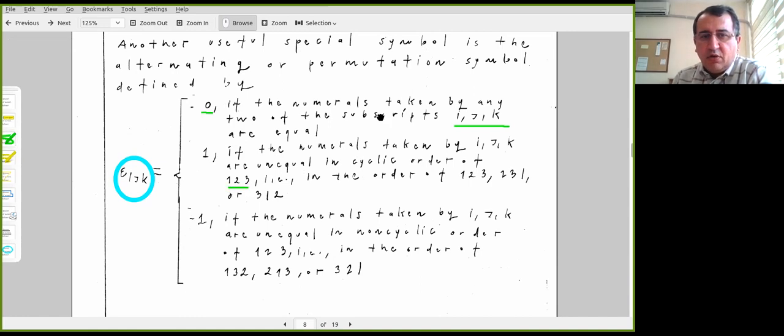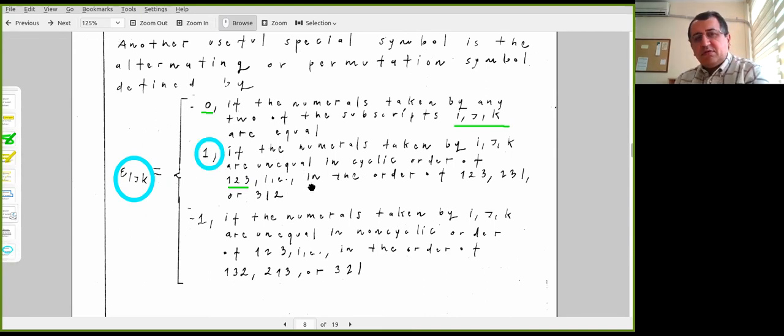So if any two are equal, 0. If they are unequal in this order, 1, 2, 3, it could be 1, 2, 3, 2, 3, 1, or 3, 1, 2. This is named the cyclic order of 1, 2, 3, and the value is 1.